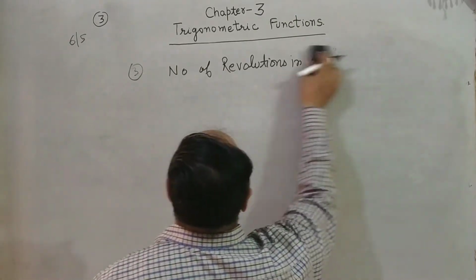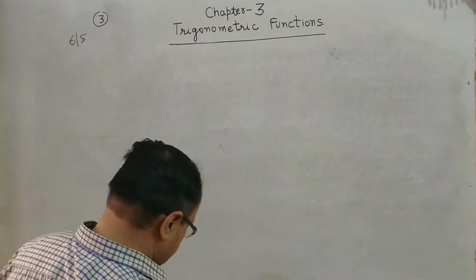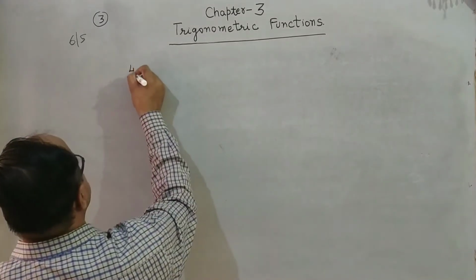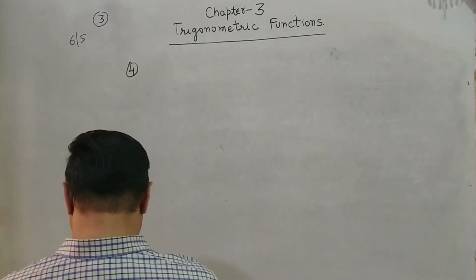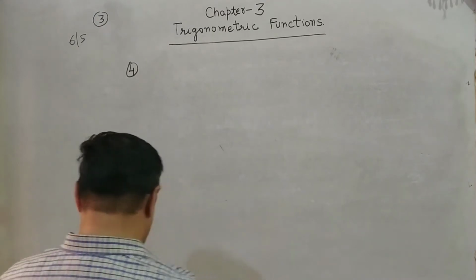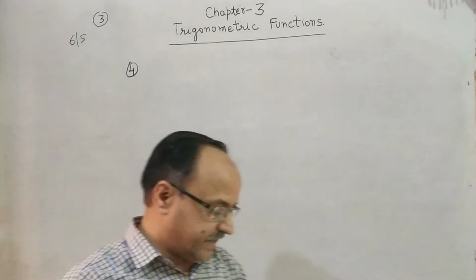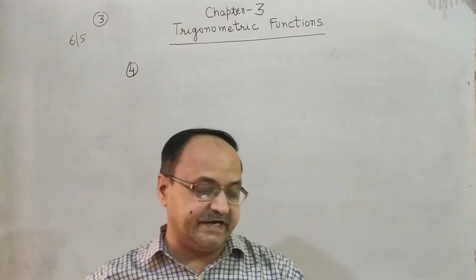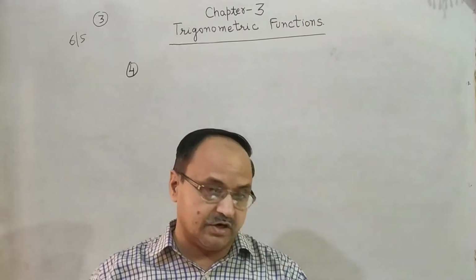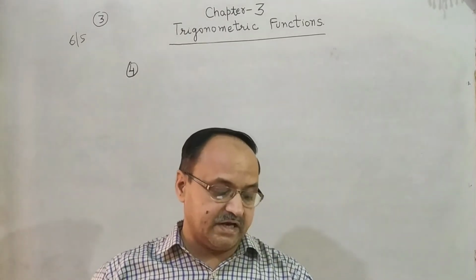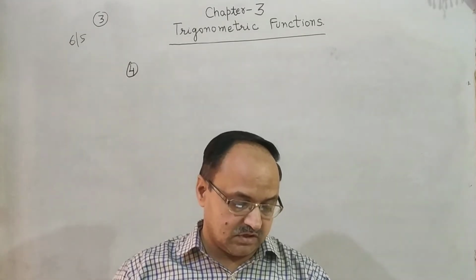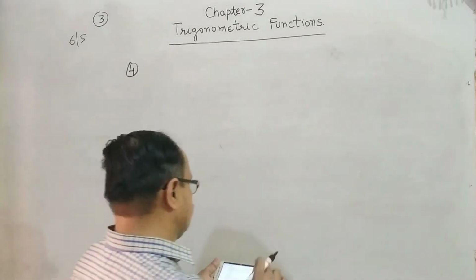Now we solve question number 4 of this exercise. What is question number 4? Find the degree measure of an angle subtended at the center of a circle of radius 100 cm by an arc length of 22 cm.